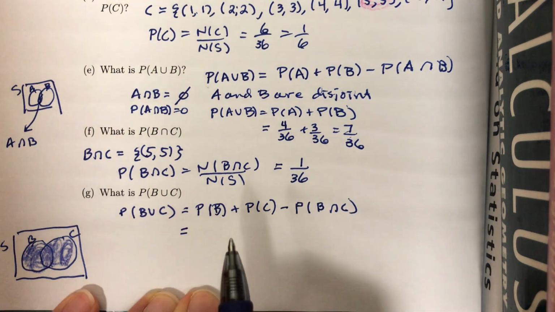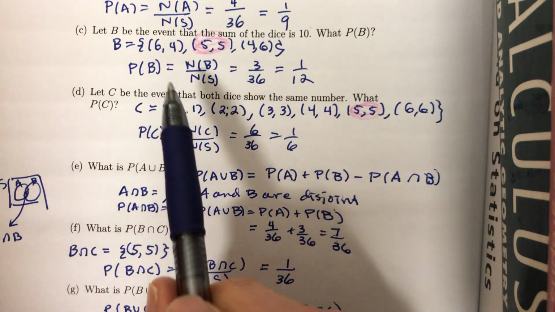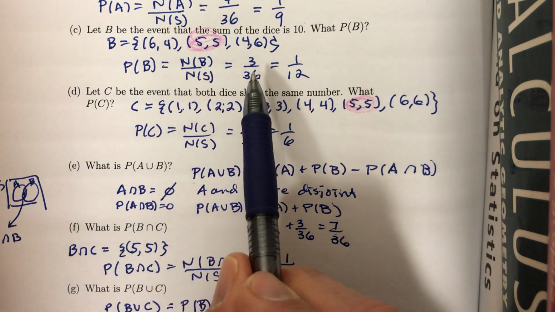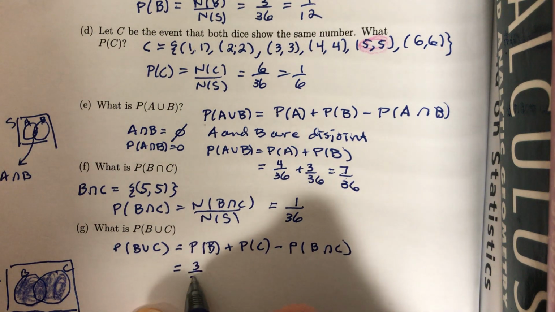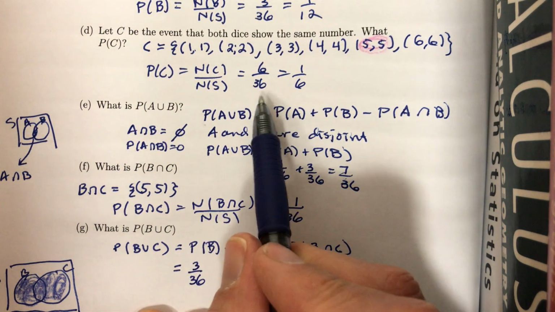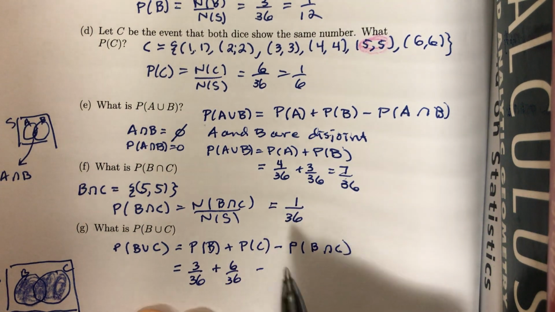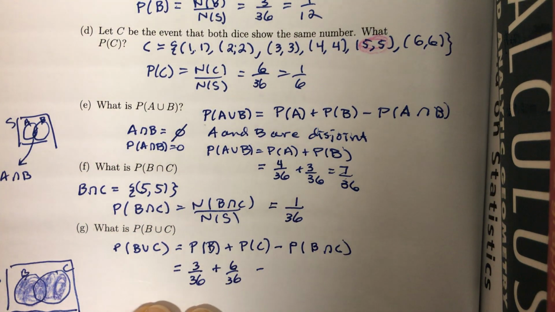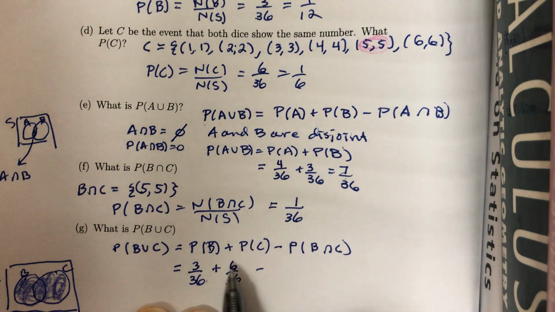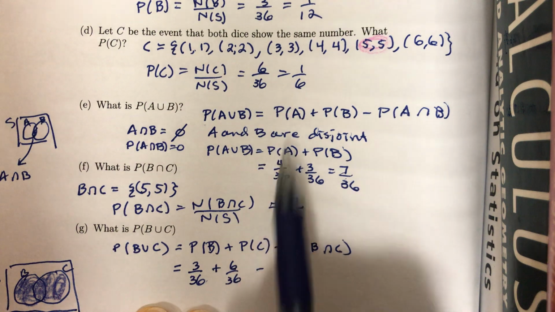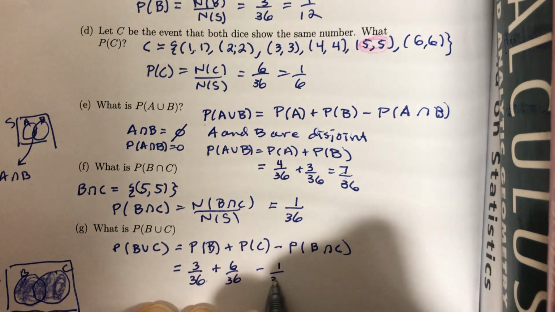Now going from above, we see from what we wrote before that the probability of B is 3 out of 36. So I'll write down 3 out of 36 for the probability of B. The probability of C is 6 out of 36. I'm just going to look at this one more time, make sure I get that right. Yes, 3 out of 36. The probability of C is 6 out of 36, and then the probability of B intersection C is 1 out of 36.